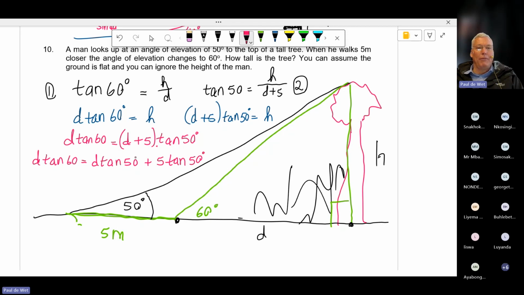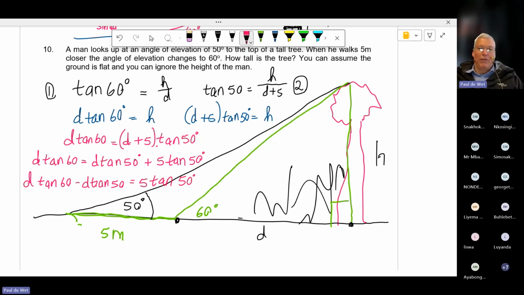Which variable am I trying to find? I'm trying to find d. What can I do to get this onto the left-hand side? I can subtract d tan 50 from both sides. Are we okay? d tan 60 minus d tan 50 equals 5 tan 50.